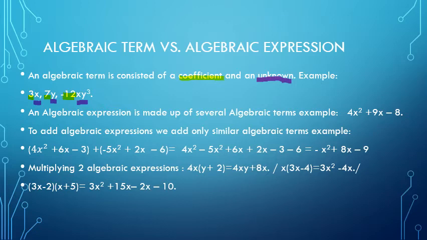An algebraic expression is made up of several algebraic terms. So, for example, we have 4x squared as the first term, 9x as the second term, and 8 as the third term. So three terms make for us something called an algebraic expression.